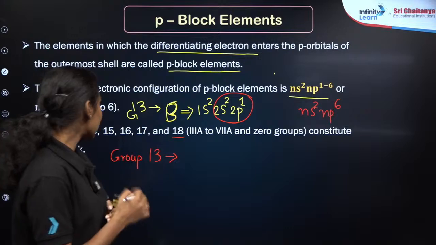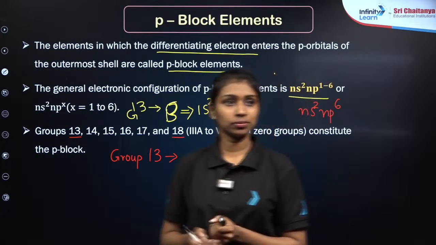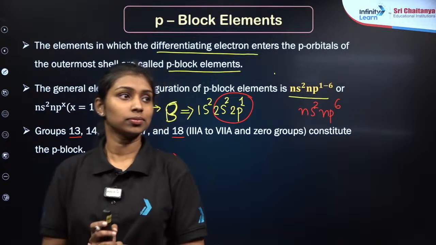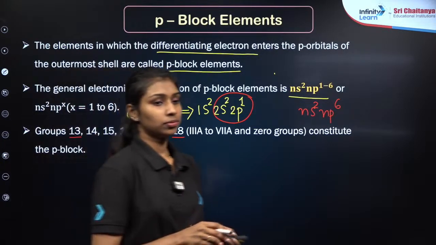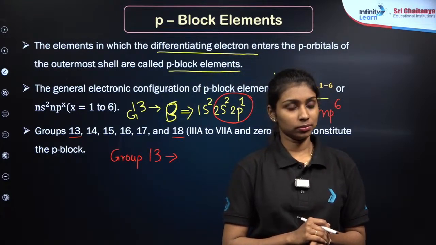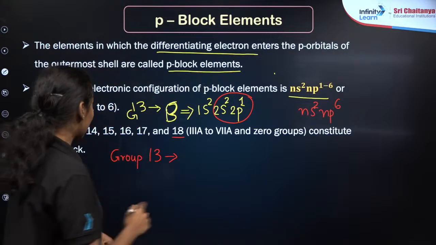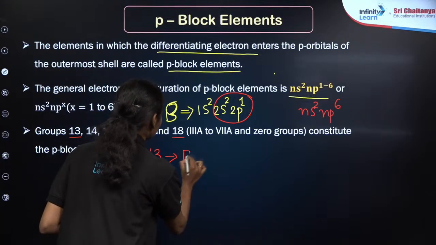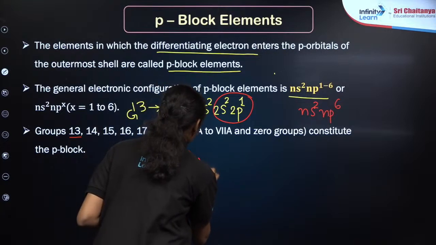Which element is the first element in group 13? Boron, right? Boron is the first element in group 13. Therefore, these group 13 elements are also known as the boron family.